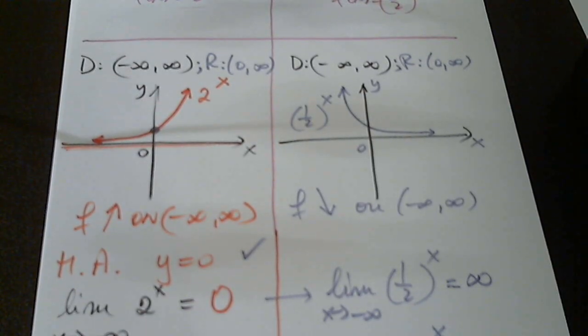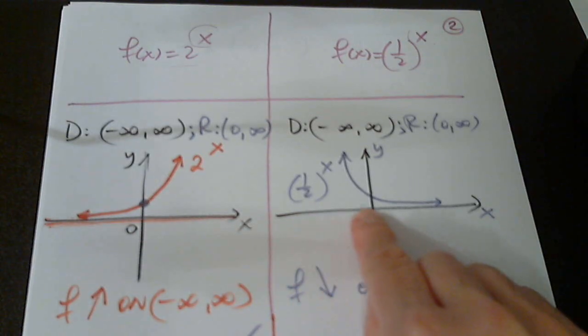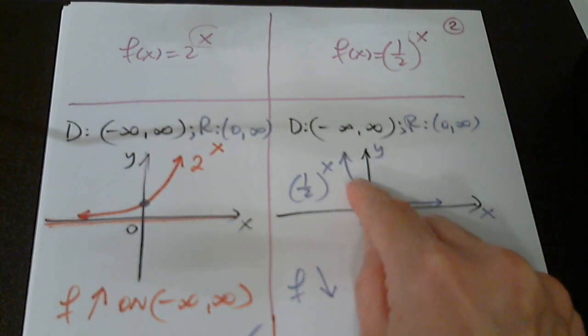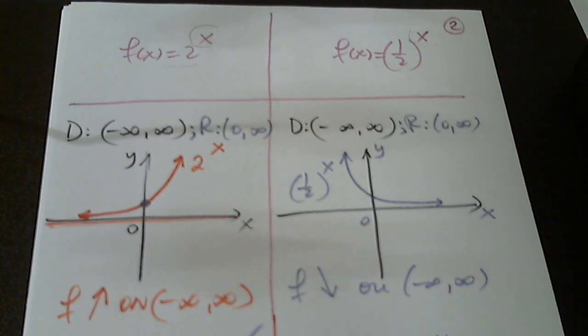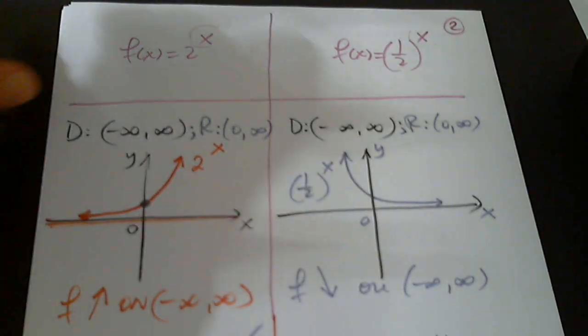And what about the other end? 0. Yeah, absolutely 0. Very easy to see. As x approaches infinity, the function values get closer and closer to 0. Excellent.